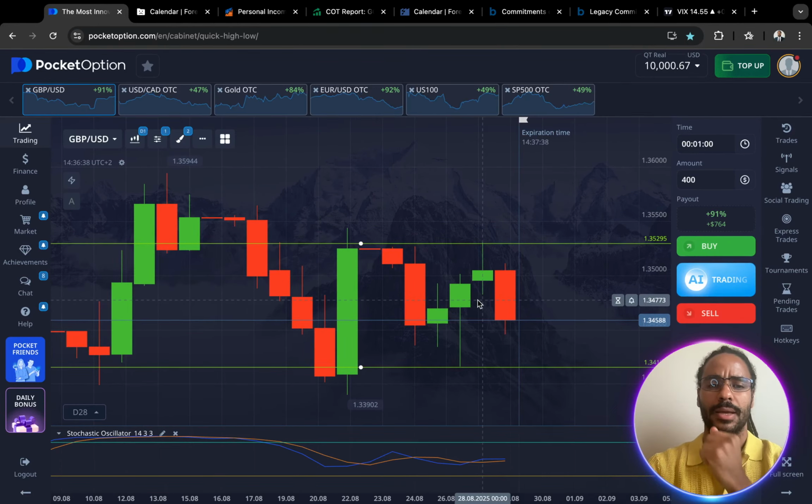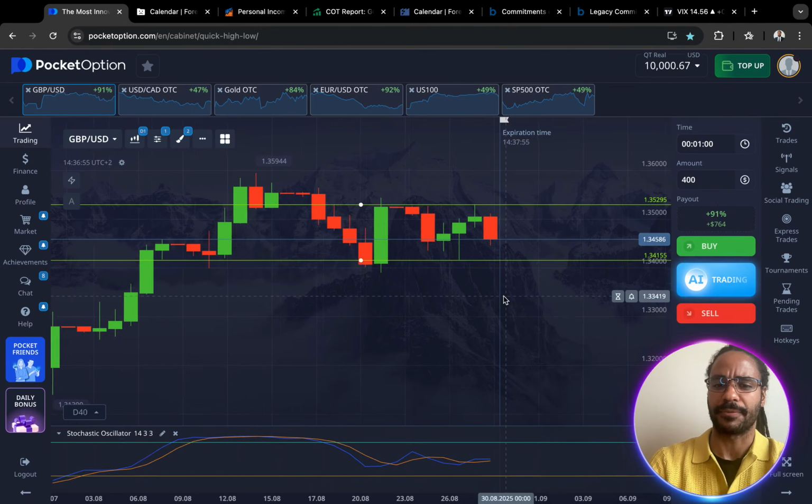Okay, we're having a little noise here, but that shouldn't really obstruct us. So we have a weekly high and a weekly low at 1.35295.